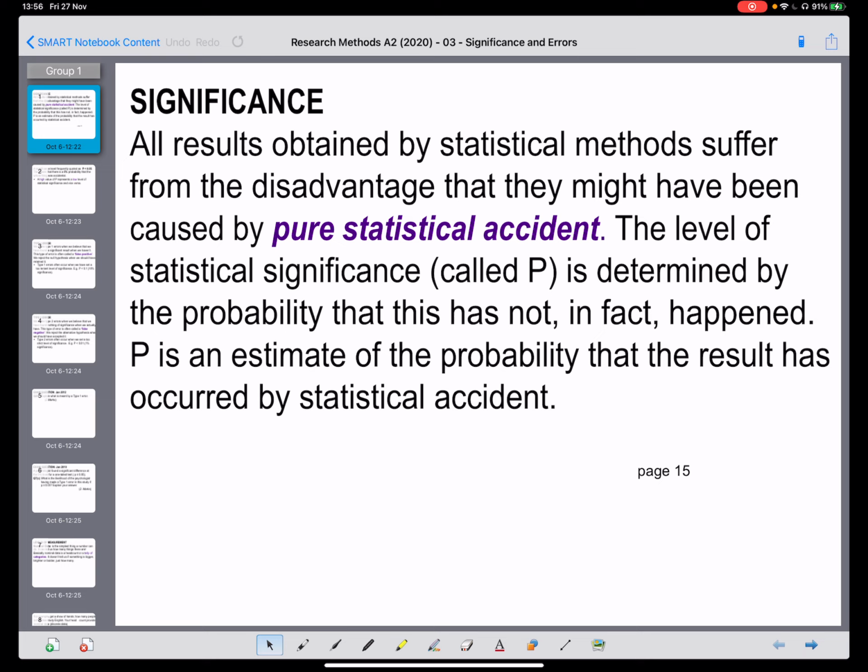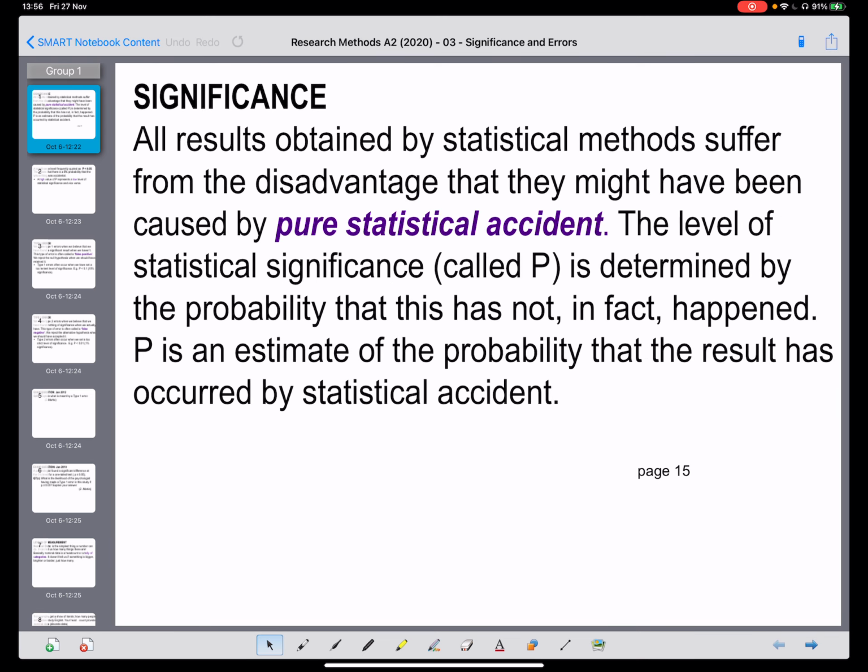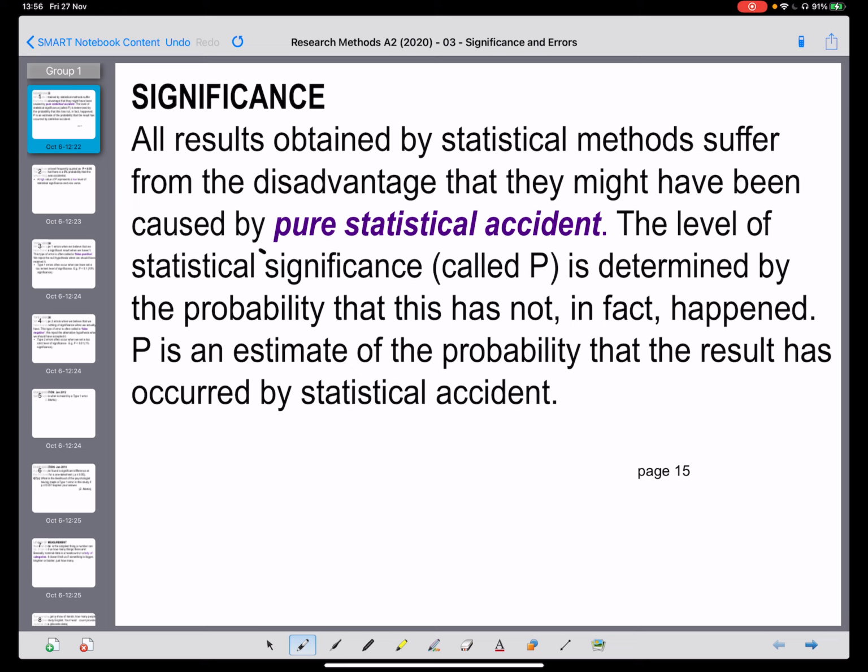So I'm going to talk through some of the significance that we talk about. The first one is pure statistical accident. Because what we're going to talk about is if I run a statistical test, I am going to try and work out whether the experiment that I ran was because of the data I collected or pure statistical accident.